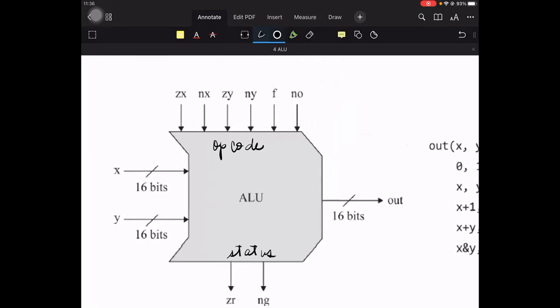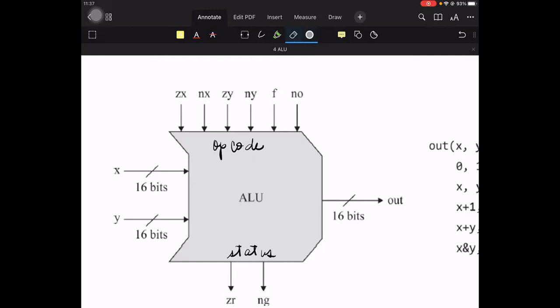So how many opcode pins are there? 6. Supposed to be, it's 2 to the 6 number of operations that it can perform. 2 to the 6 is 64.